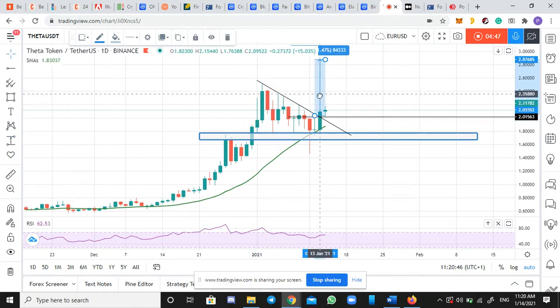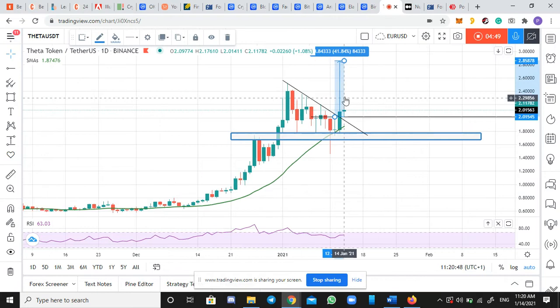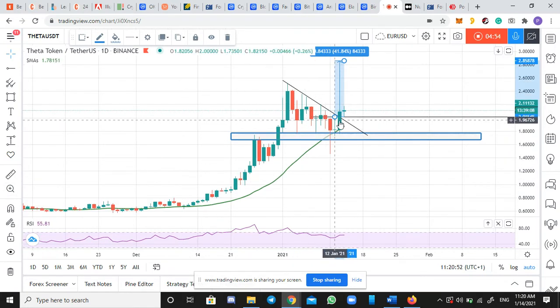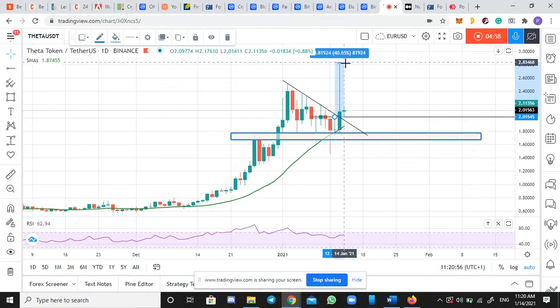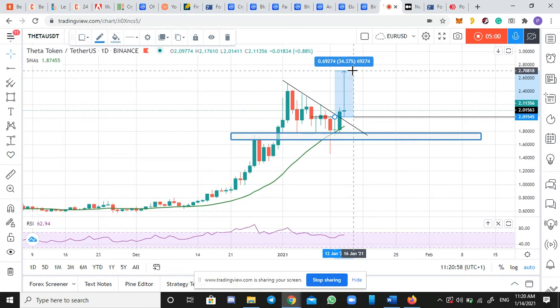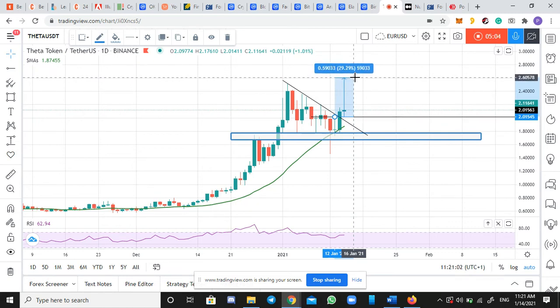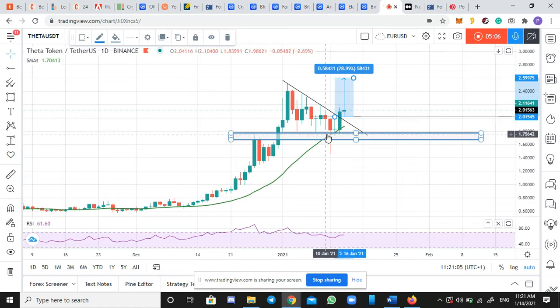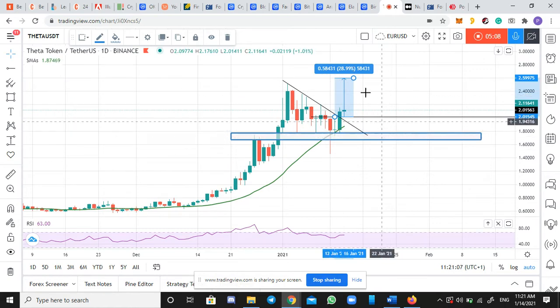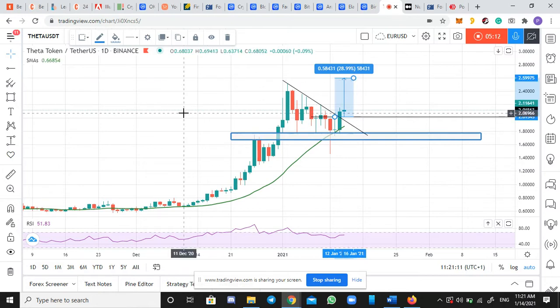I put it on where price broke out from, and we have a TP of 2.85, but I wouldn't be using that. I like to be conservative with my TP, so let's bring it down to 2.6. That's 29% from 11% risk. That was a good RR for me.